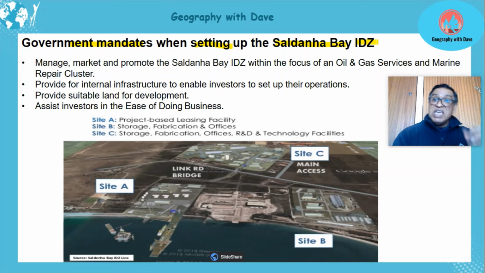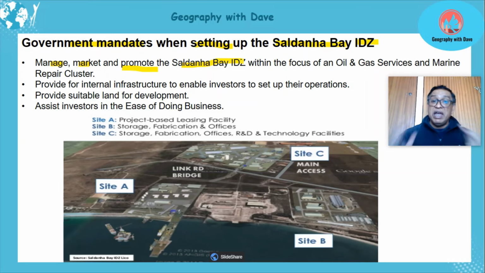These were the main goals, the mandates. Manage, market, and promote Saldanha Bay IDZ. Can you see? It was to promote it also. They came and got involved, which is excellent because government support is needed. So it's promoting, it's marketing it, it's managing it also.